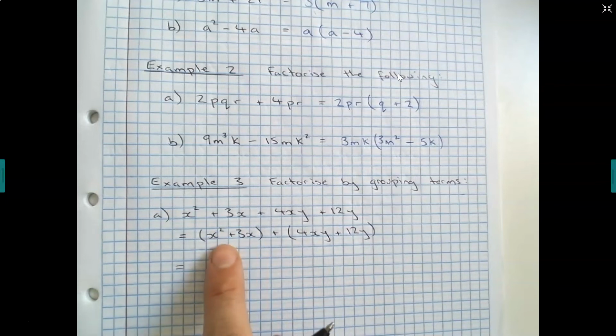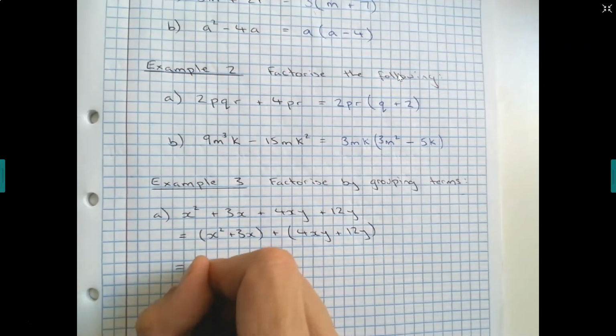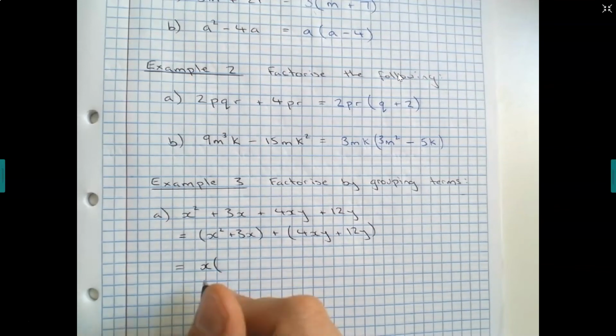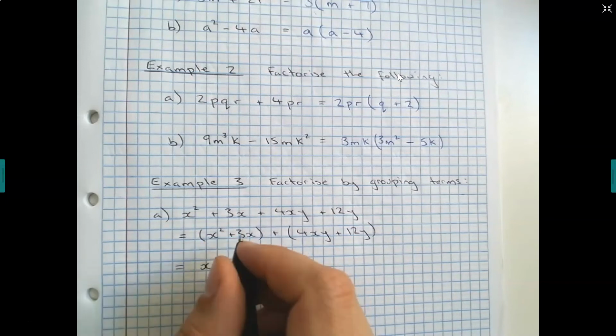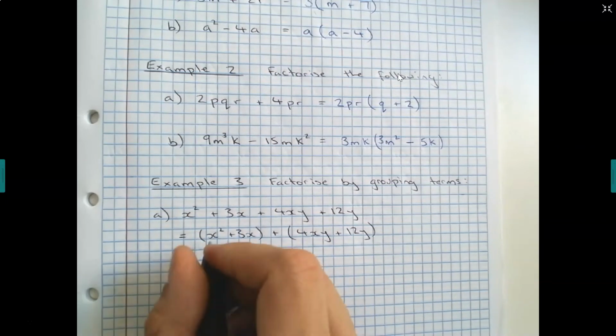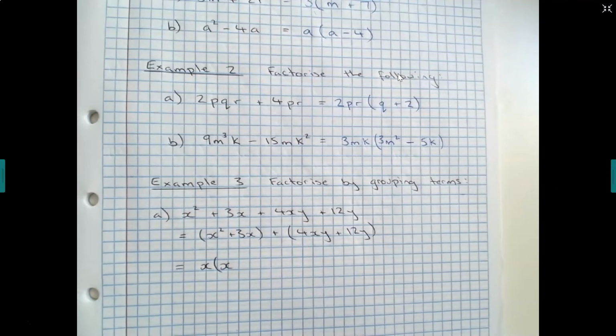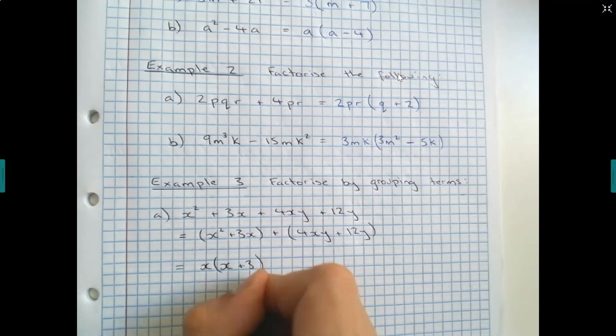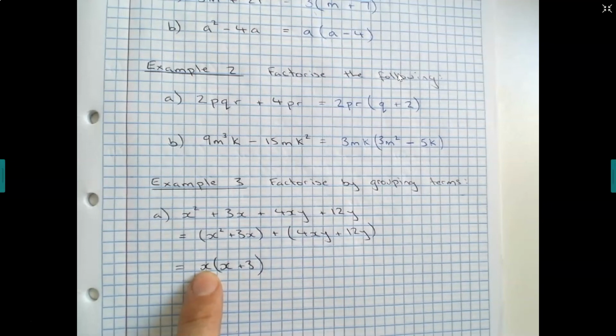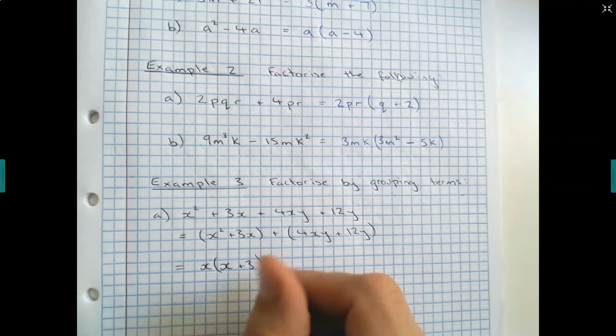Is there a common factor to both x squared and 3x? Yes, there is. x. And if I remove x from this as a common factor, to get the x squared term, I'd have to multiply x by x. And then to get the 3x, I'd have to multiply by 3. You can see if I was to expand this, I'd have x times x is x squared, and then x times 3 is 3x.